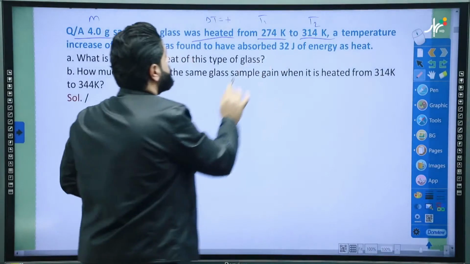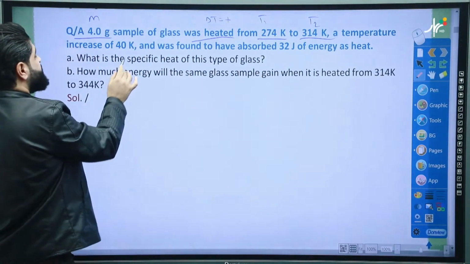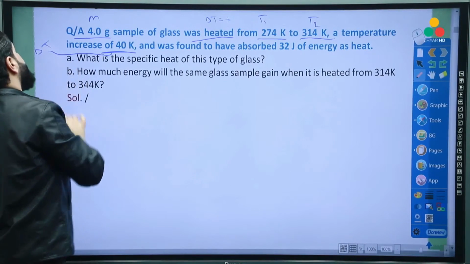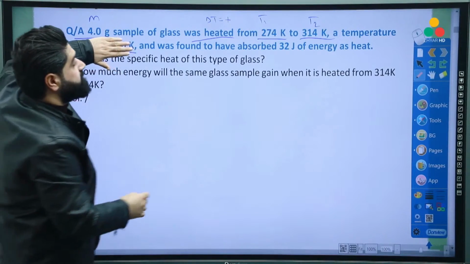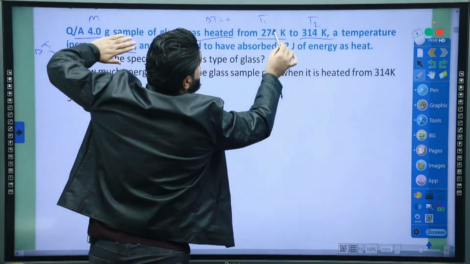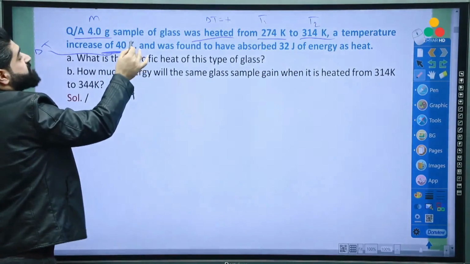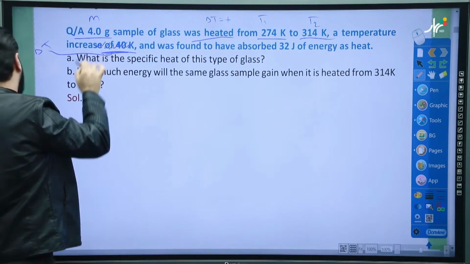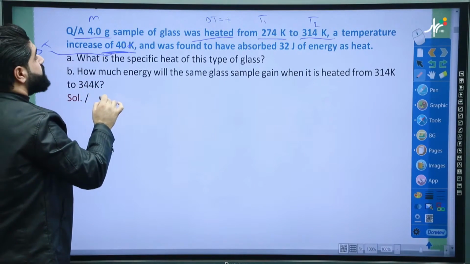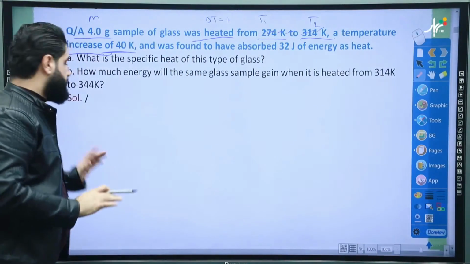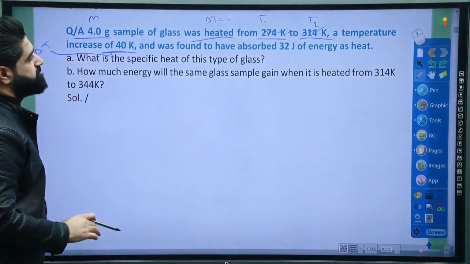Here, T1, T2, and the amount that changed is 40. This is delta T. So, without this value, we can calculate 340 minus 274 equals 40. So you can just forget about this part, or you can just forget about that part. No problem.